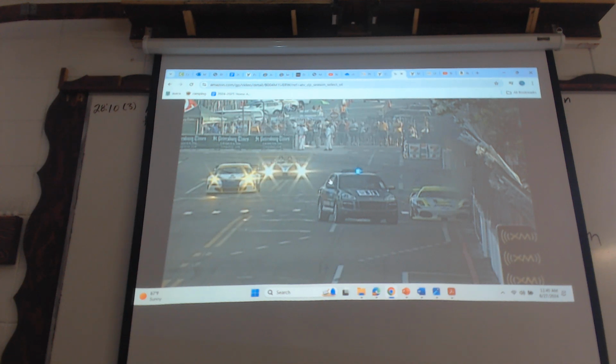Lightning McQueen wants to go around a corner, but he doesn't know how to do that, and he has that problem because he keeps telling himself, "I got to go to the left." So he turns his wheels to the left. The car spins out every time. Inertia is causing that, and that's what we see here.